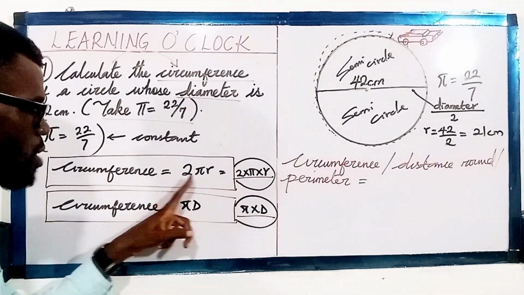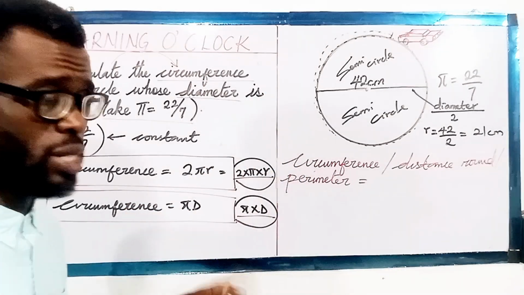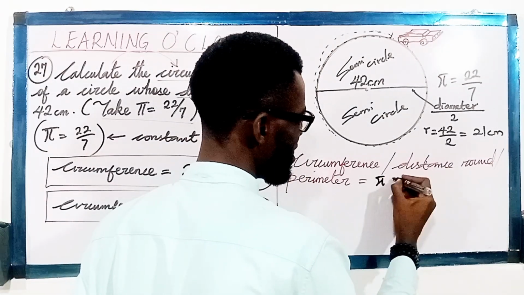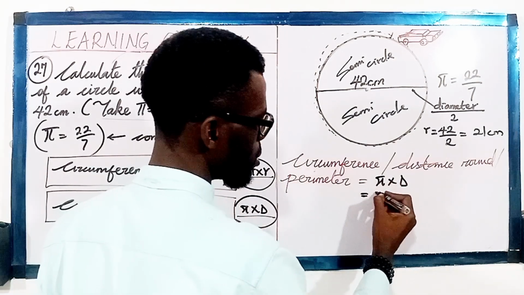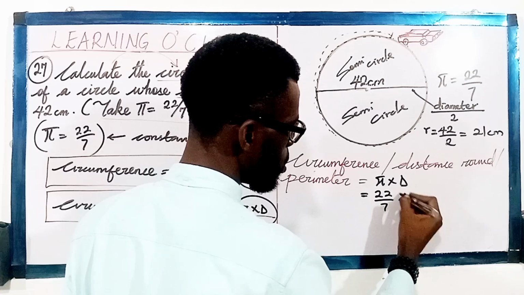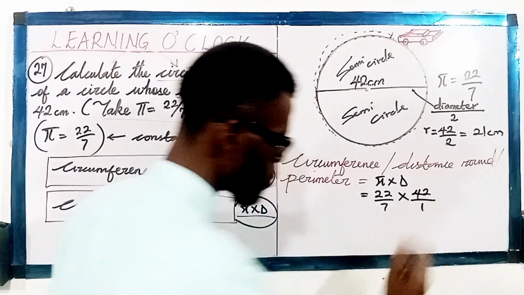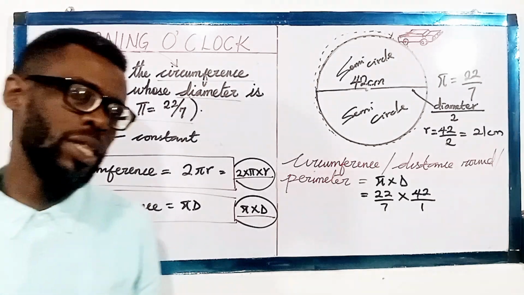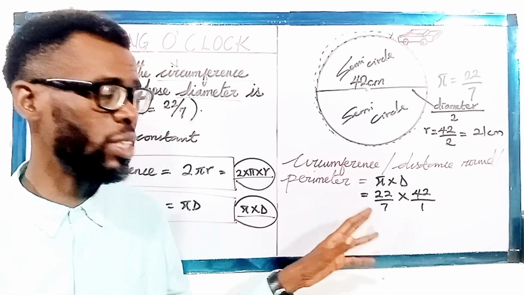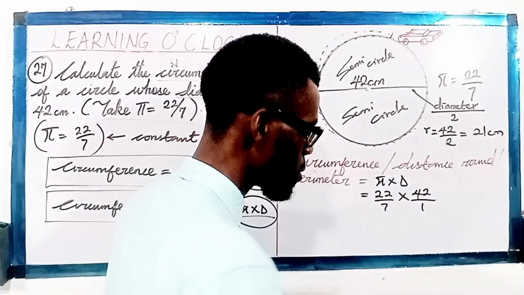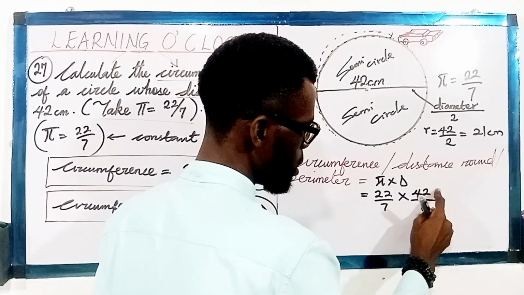So the formula, let's use, which would you prefer? Let's go straight to this: pi times d. Pi is a constant, 22 over 7, times diameter 42. We can make this over 1. Now this is an application of the multiplication of fractions. We look at the numerator and denominator and I'm seeing a common factor.